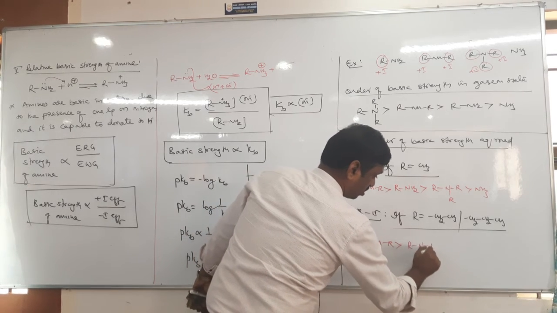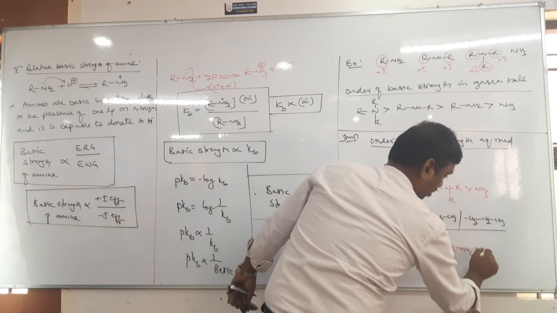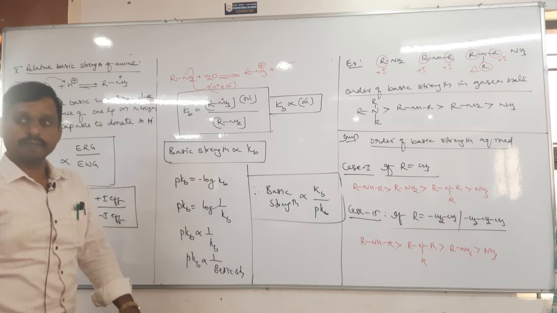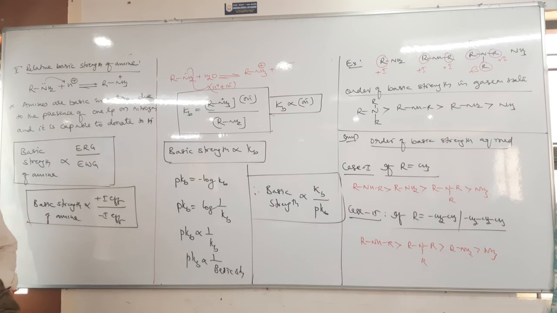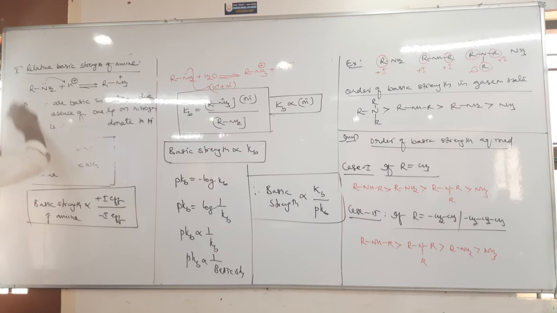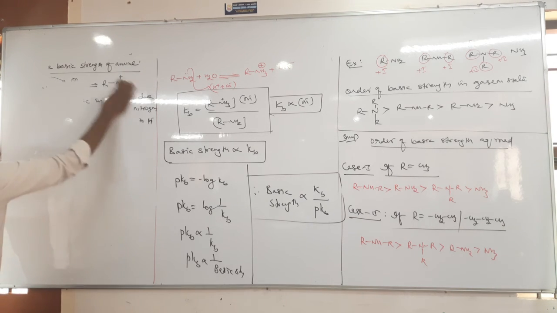Then next tertiary comes, next primary, next ammonia. You need to remember the order. So this is the order of basic strength in aqueous medium.